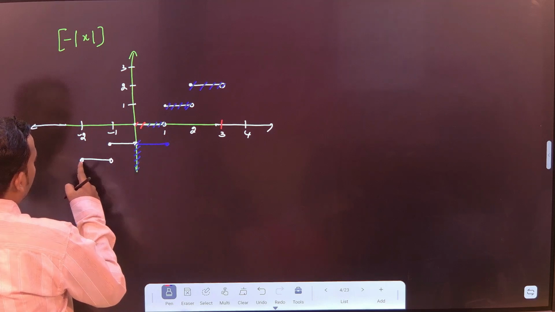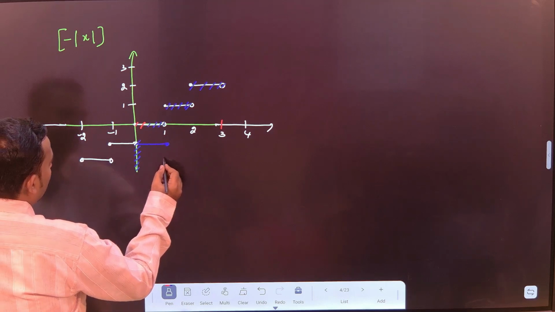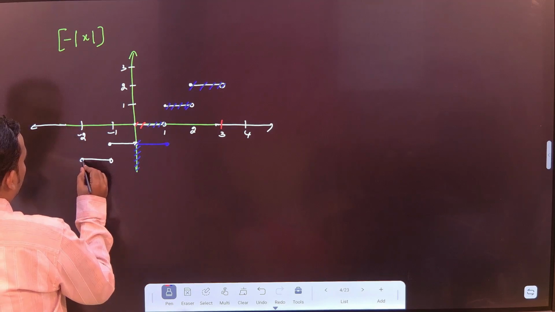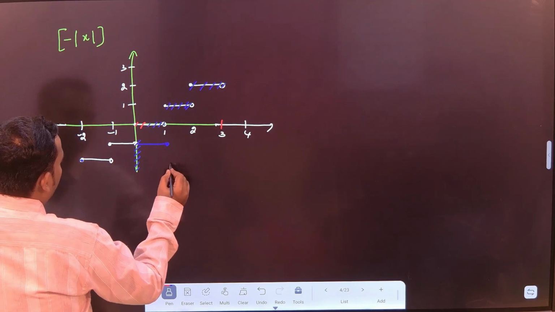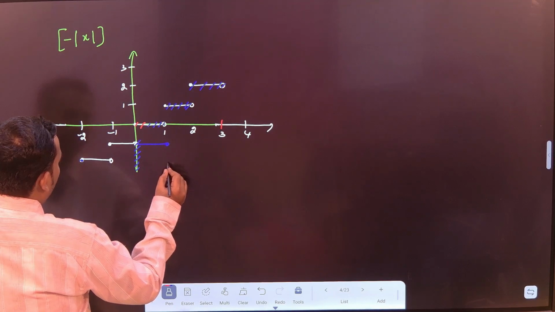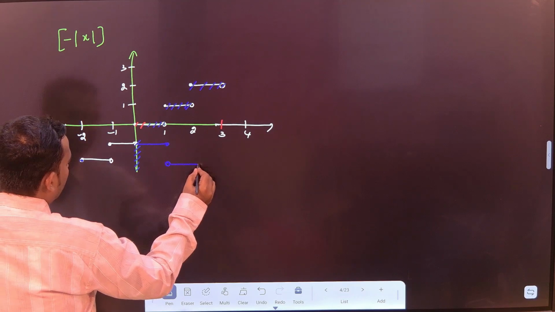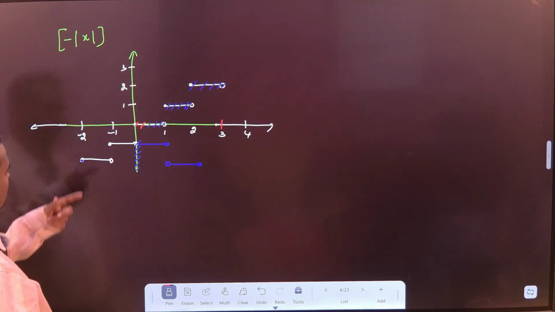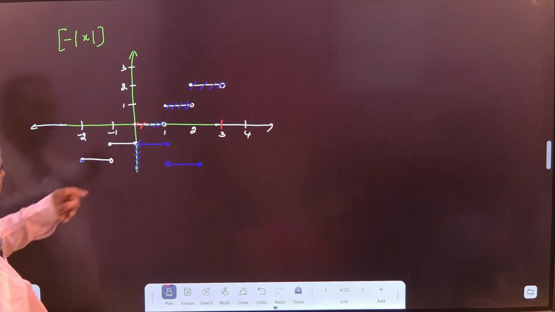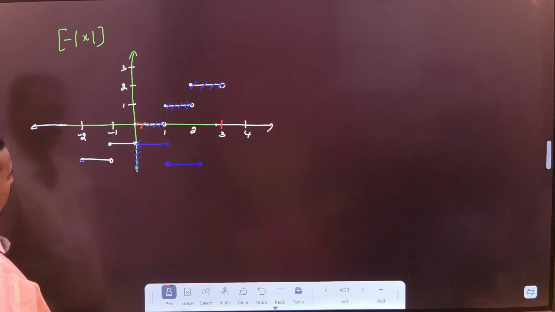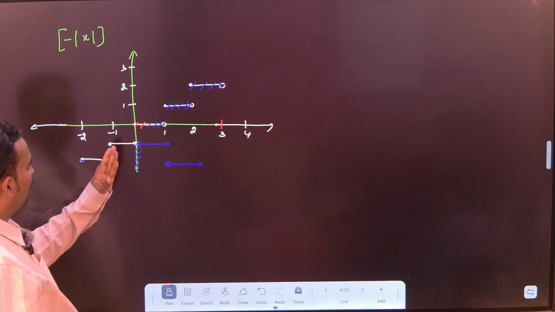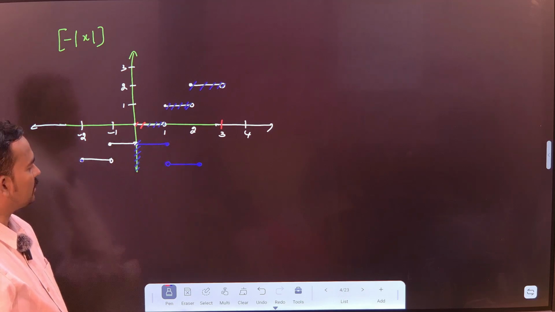In the same way, minus 2 to minus 1 is there, no? So that will be 1 to 2. Here is a dot, right? So here will be a dot, means here is open. Here is open. This is a dot. Clear? I hope everyone understands, right? Whatever the left side is there, I am taking the image with respect to the y-axis.